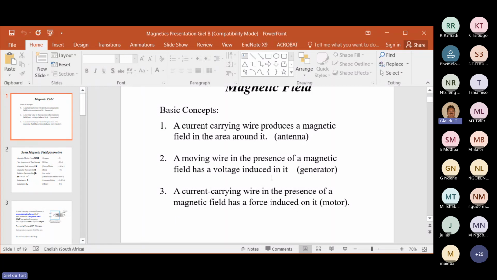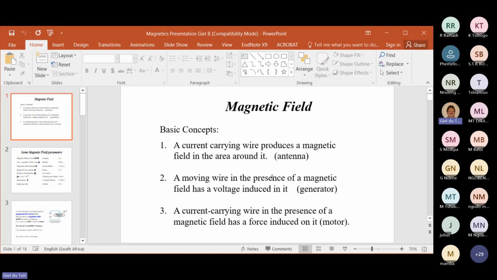So I just want to start with magnetic fields as well, and just do an introduction to that. So a magnetic field is defined by these three basic concepts. A current carrying wire produces a magnetic field in the area around it.